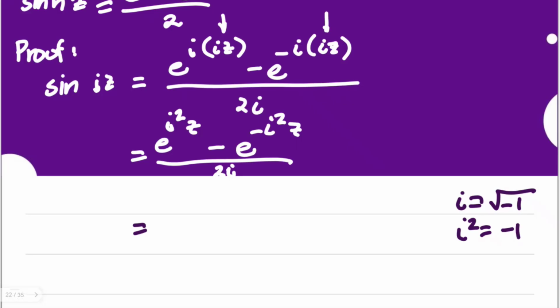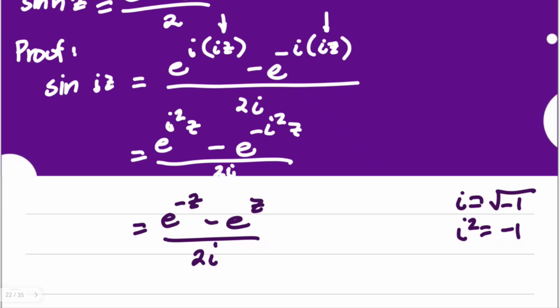That is true for this form here and here as well. So they will become negative. You will have the form e to the power of negative z minus e to the power of the negative of negative, so positive z, all over still 2i.